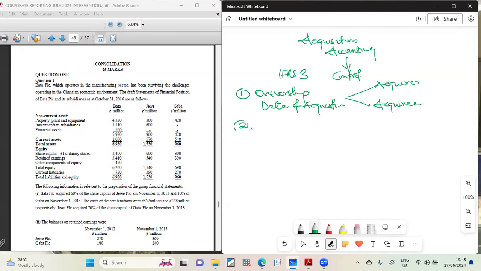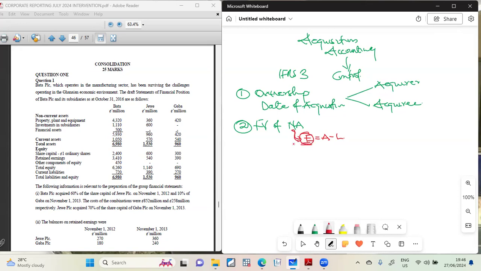Then number 2, it says do the fair value of the net assets. Now, we did business valuation. We learned that this net asset is the same thing as equity, which is equal to asset minus liability. The equity part is what we call net asset. So I will pick my equity part.